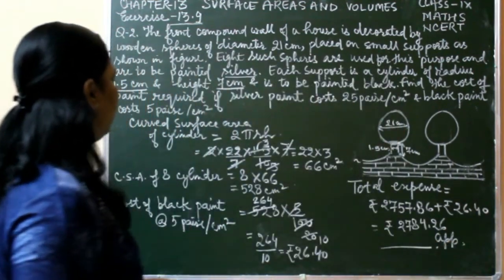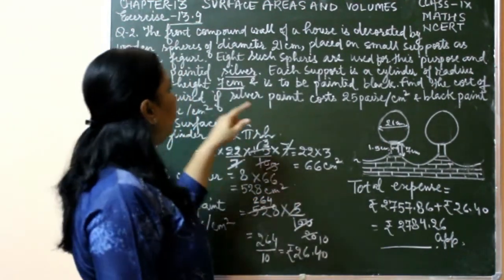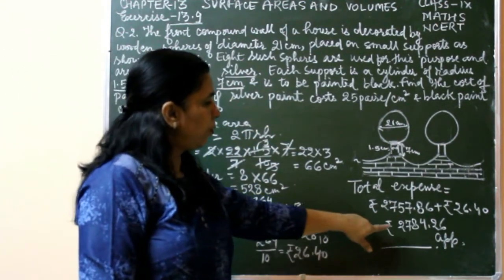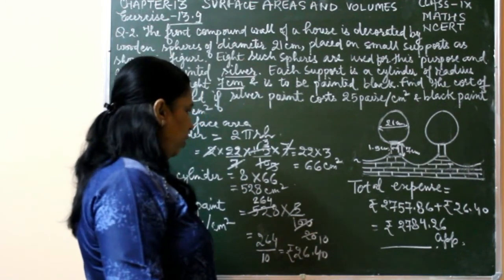This is the answer. The total expense of painting silver and black is rupees 2784.26.